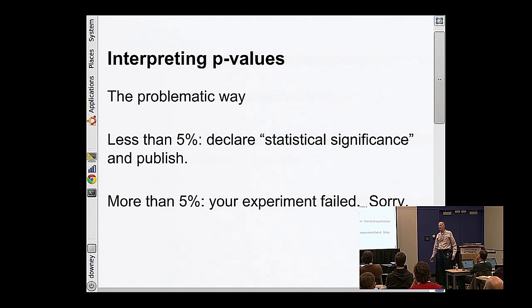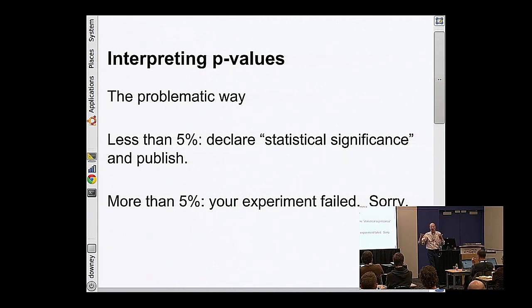And this is problematic in a whole bunch of ways. One of them is the file drawer problem, which is that all the experiments that people did, if they turned out not to be statistically significant, don't get published, and we don't know that they happened. The only things that get published are the ones that happen to cross this magic threshold, and as a result, the false positive rate could be very high, like 100%.